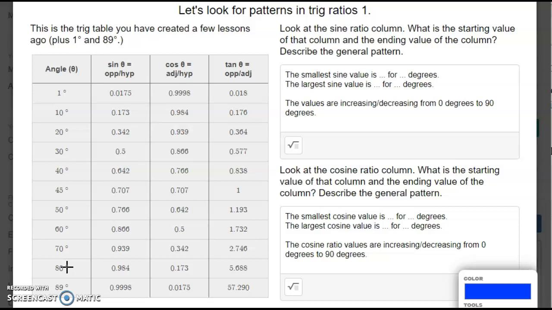So the smallest value for sine is close to 0, for 0 degrees. The largest value is 1, and that is close to 90 degrees.